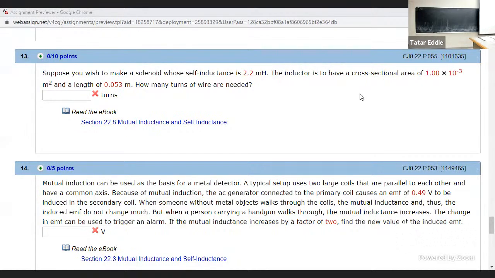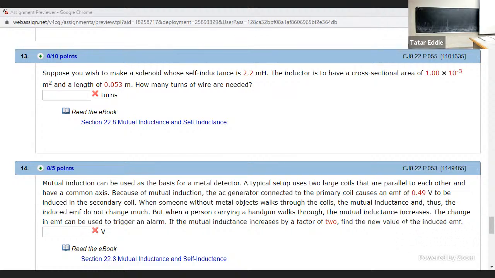Well, there is a formula that we derived at some point describing the inductance of a solenoid in terms of its size and number of turns. Unfortunately, I don't remember that formula, so we probably have to derive it again.